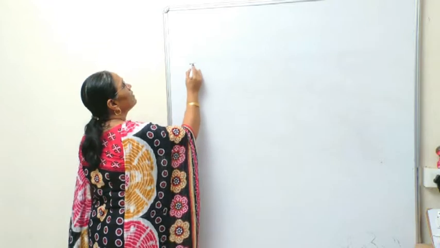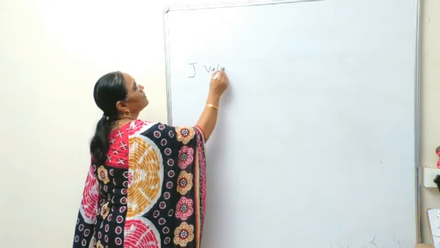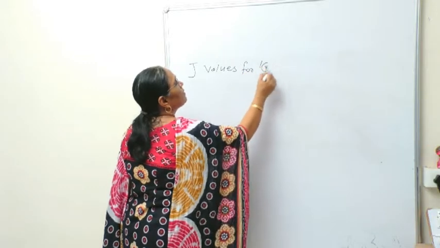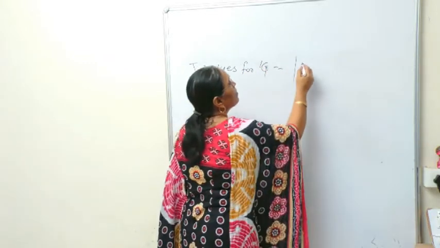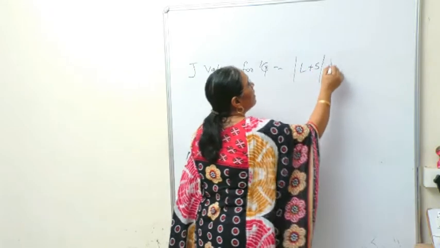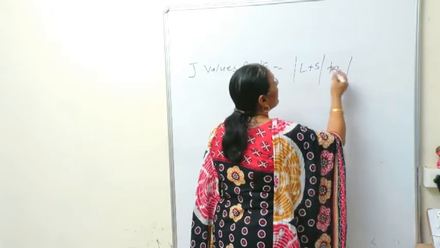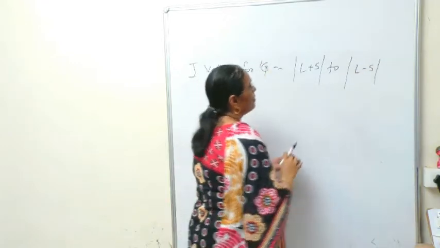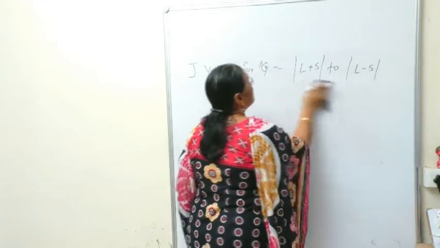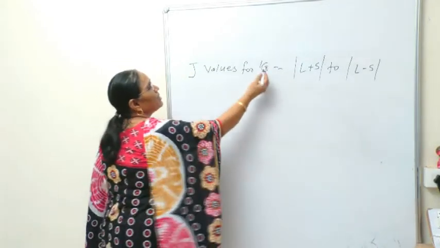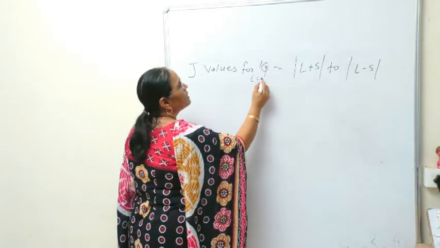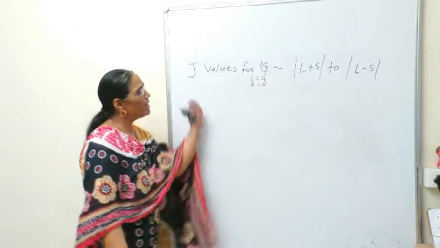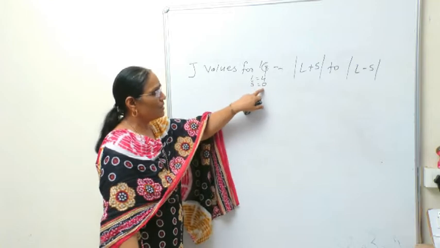So let us write down J values for the singlet G term. These are obtained from their L values and S values, and they vary from L plus S to L minus S. For this first term, we know that for G, L is 4 and S is equal to 0, as the multiplicity is 1 and the total spin is 0.